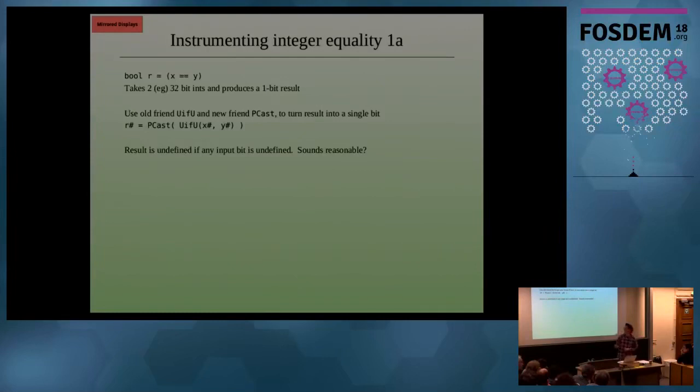So we're going to use PCast and UifU again to merge them in parallel. Then we're going to use PCast to merge all the bits down to a single bit. So the result is going to be undefined if any input bit is undefined. And it's like, okay, sounds reasonable.